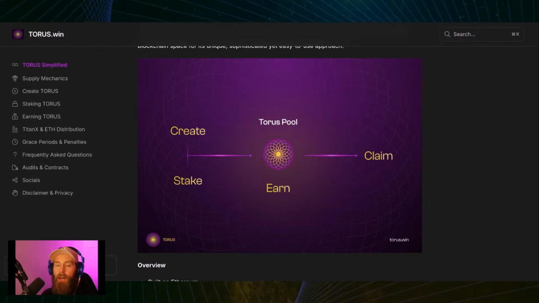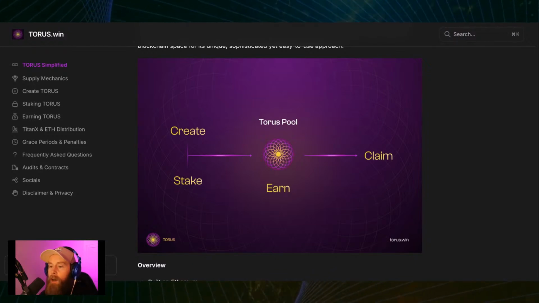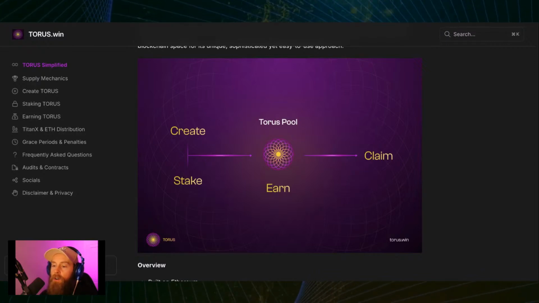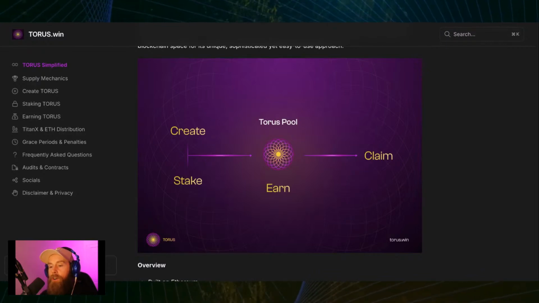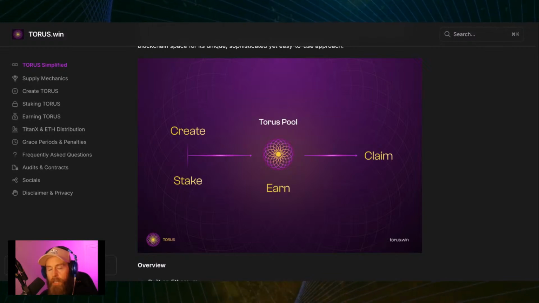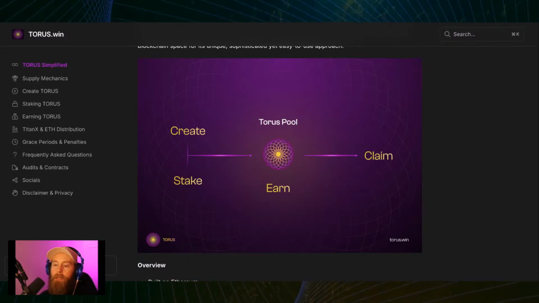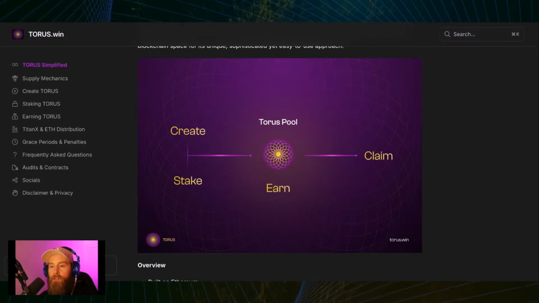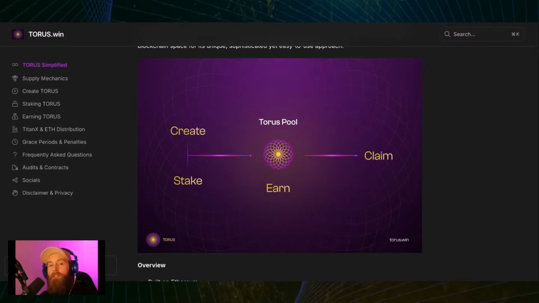There are two different ROIs, one for creating and one for staking. For creating, the ROI you're going to get is based on the price of TORUS relative to the price of Titan X, right? Let's say it takes 1 billion Titan X to create 1,000 TORUS.